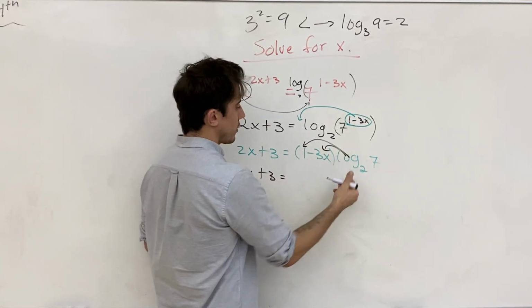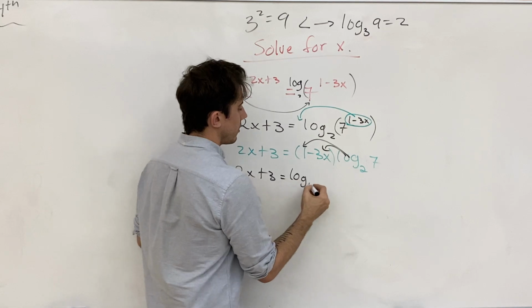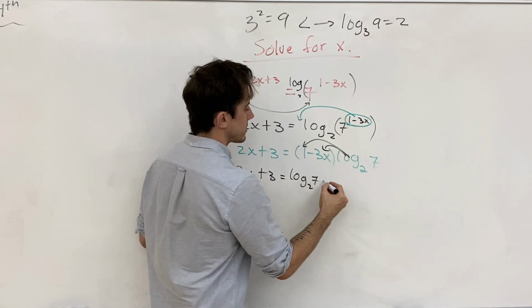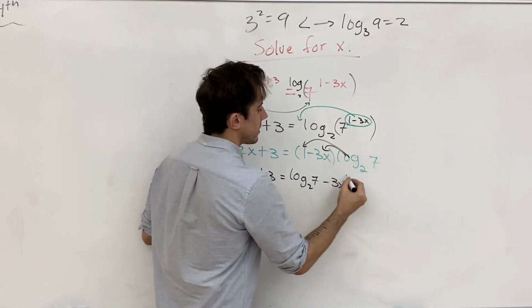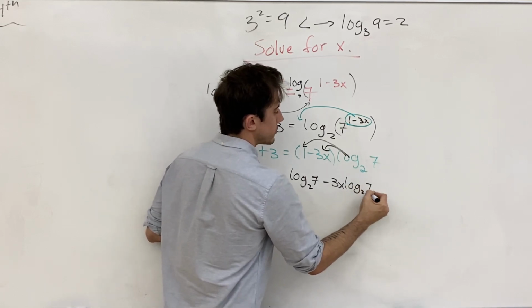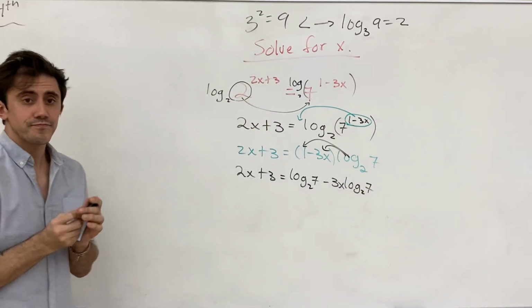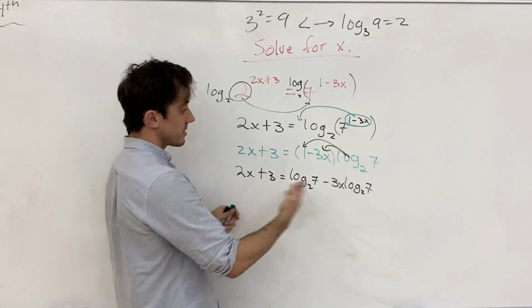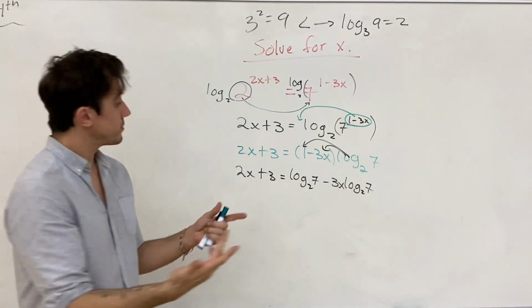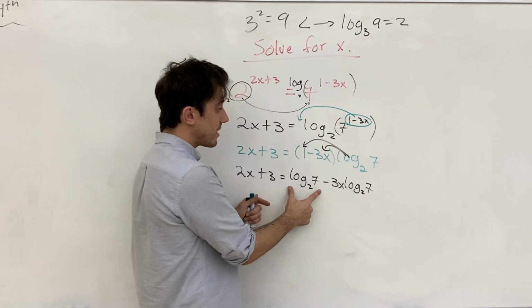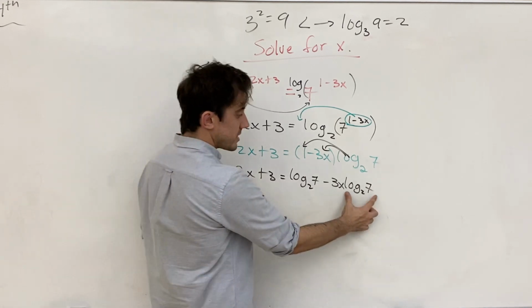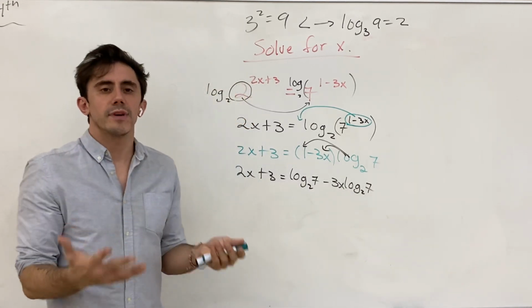So 1 times log base 2 of 7 is, of course, log base 2 of 7, minus 3x times that same log base 2 of 7. And now, this is again just algebra. It looks a little different because we have logs, but log base 2 of 7 is just some irrational number.